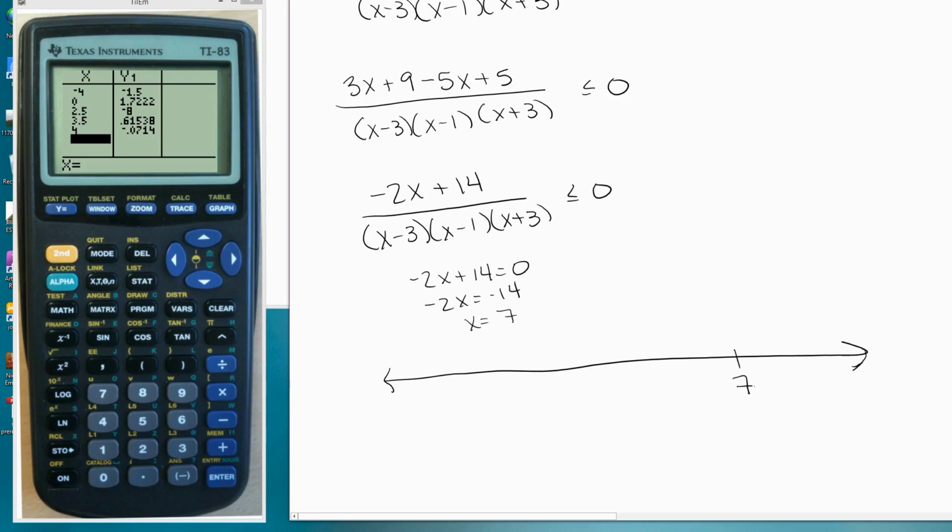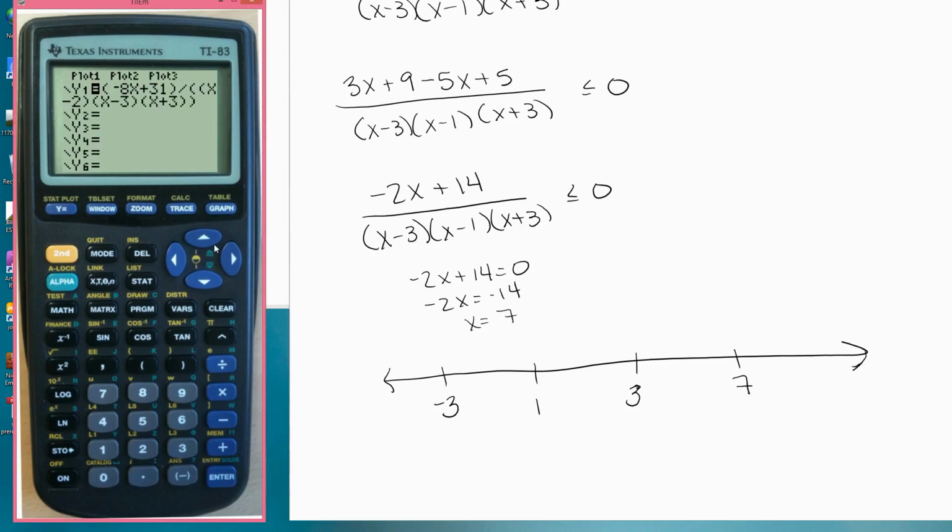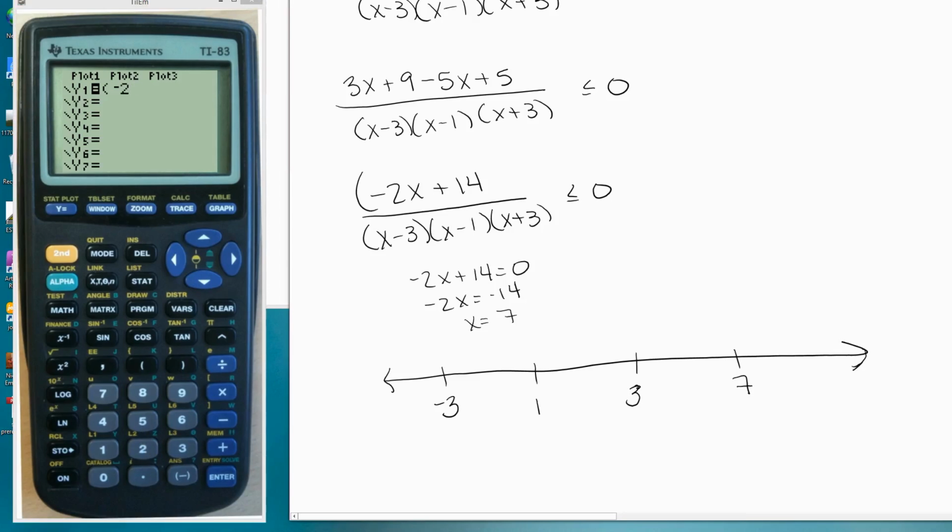Okay, then we're going to put 3 and 1 and negative 3. Okay, now we need to put our equation in our y equals. Remember, we put parentheses around the numerator and all the way around the denominator.